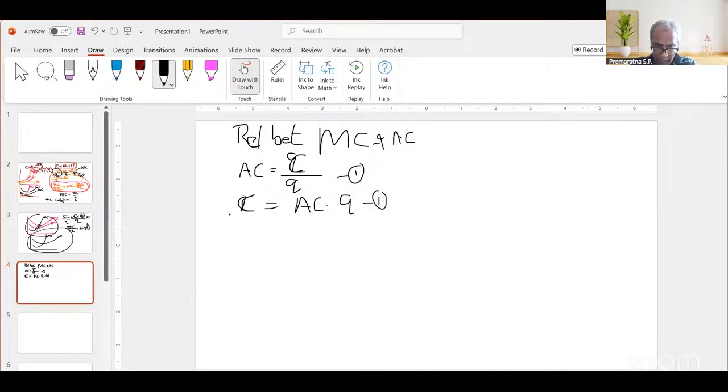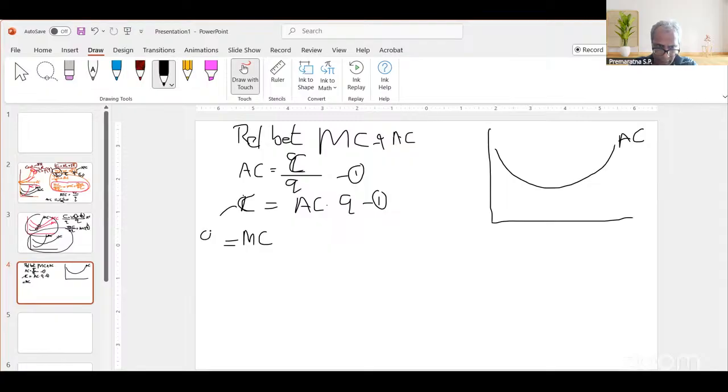Now to find the marginal cost, so we have the average cost curve. To find the marginal cost, what you have to do?